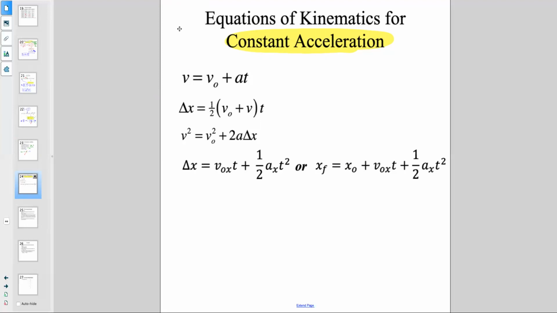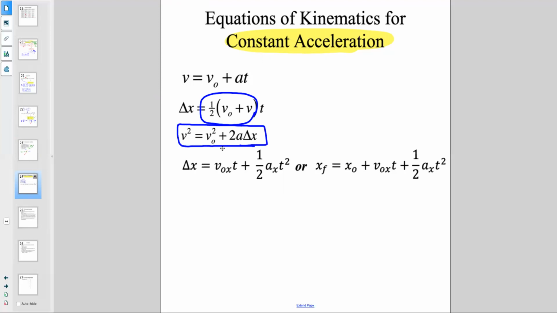Delta x is average velocity times t. Time independent equation is here. There's no information about the time here, okay?